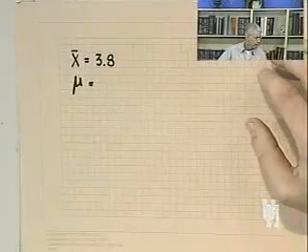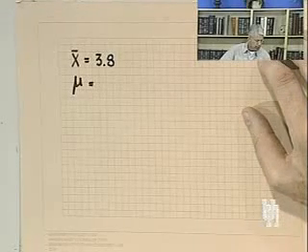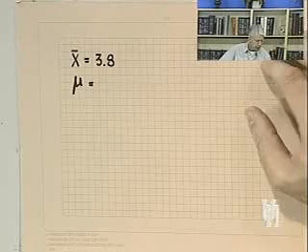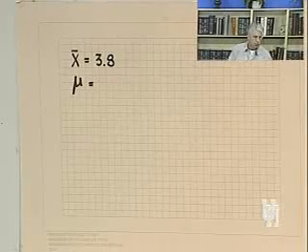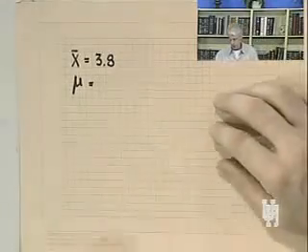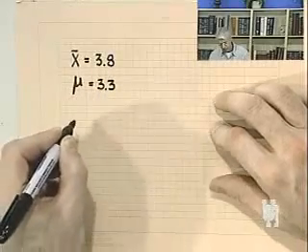Do we know mu? 3.3. Mu is the population mean, and it says the student body at St. Algebra College attends an average of 3.3 parties per month. That's talking about the entire student body. It's talking about the population. So mu equals 3.3.